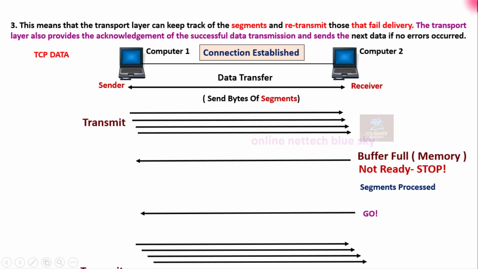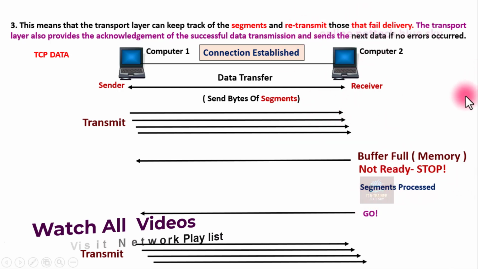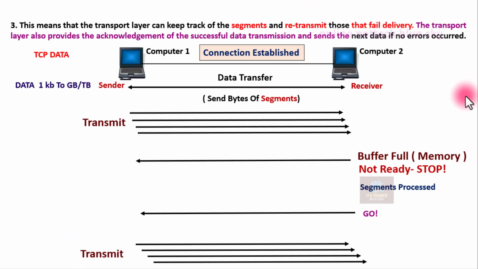Okay, you can see here, all of the segments are transmitted continuously, and all of the data is regenerated, meaning re-segmented, and completely delivered in its original form from one side to another. Any 1 KB, 1 GB or 1 TB of data, any size of data, is transferred depending on how your computer transfers from one side to another.